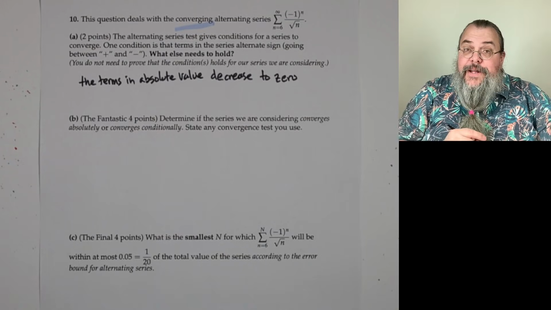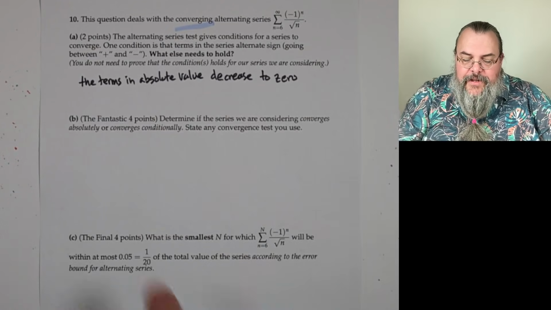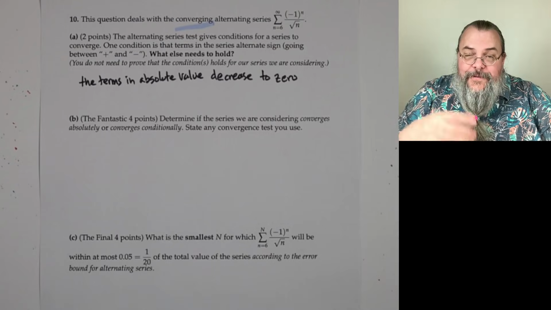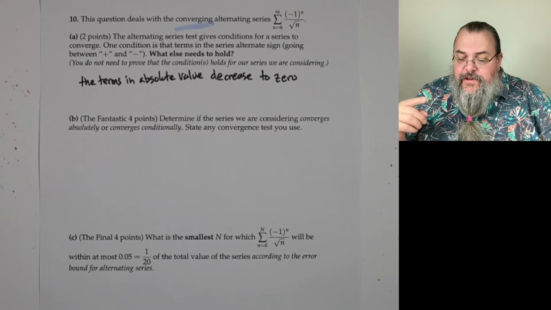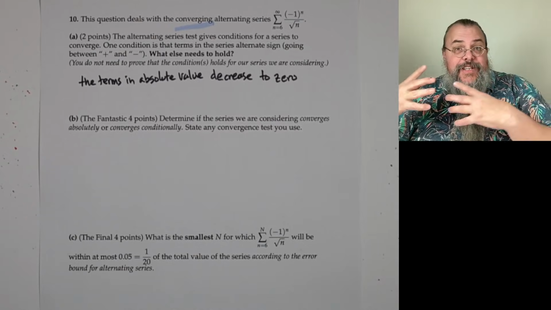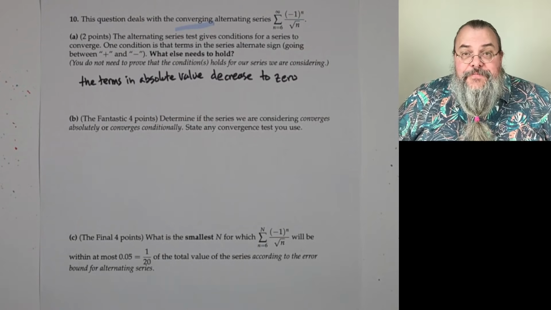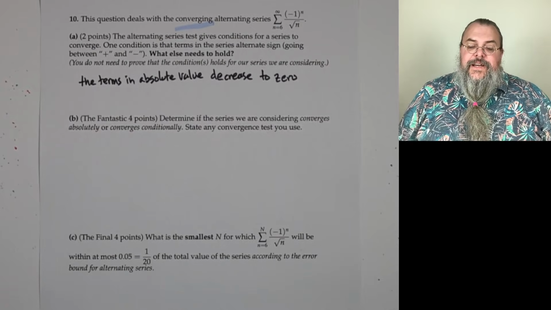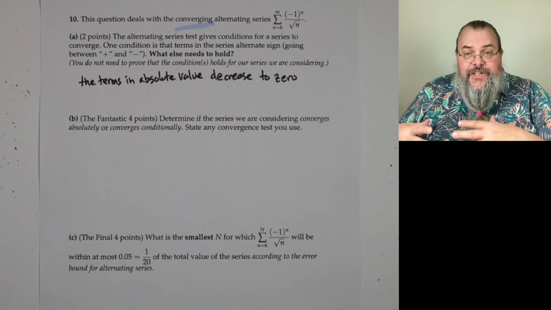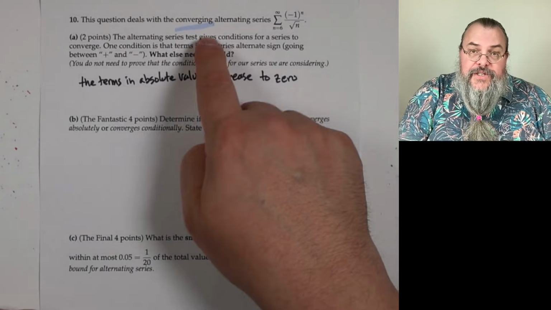All right, so that's part A. Now, part B, and this one is worth 4 points. Determine if the series we are considering converges absolutely or converges conditionally. State any convergence test you use. So this is absolute versus conditional convergence. We know it's one of those because we already know it converges.